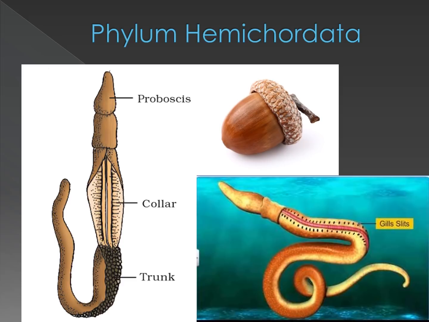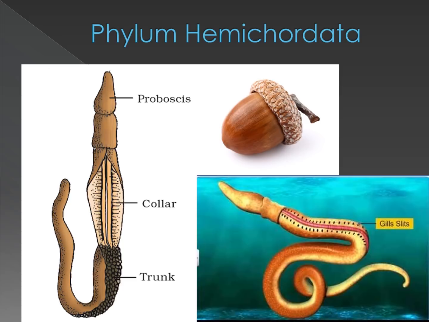The remaining part, that means the collar and the trunk, does not contain notochord, and that is the main reason why the term hemichordata is used. Hemi means half. In the entire body, the only part which contains notochord is the proboscis. That means half of the body contains notochord, half does not. That is why it is called hemichordata.